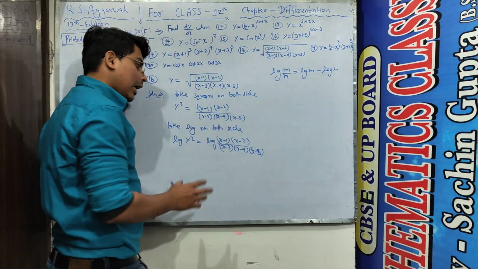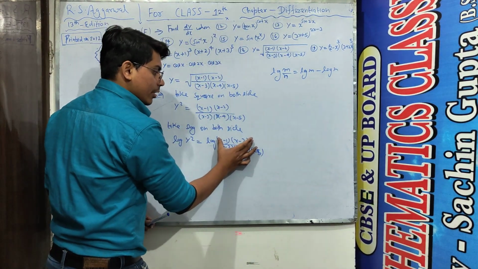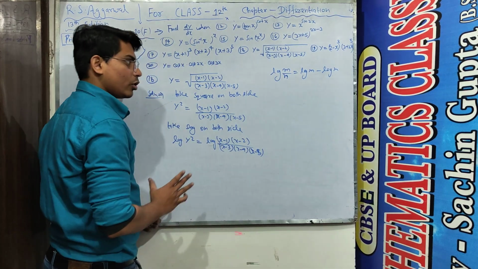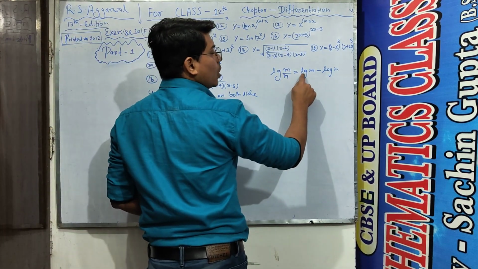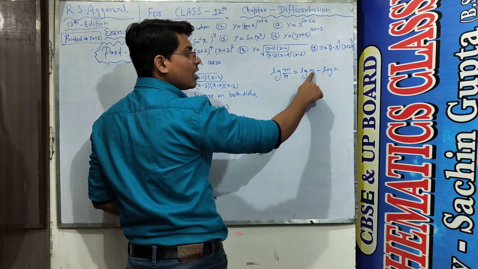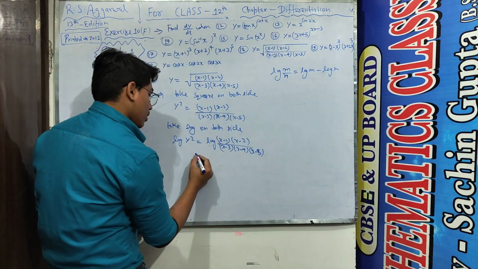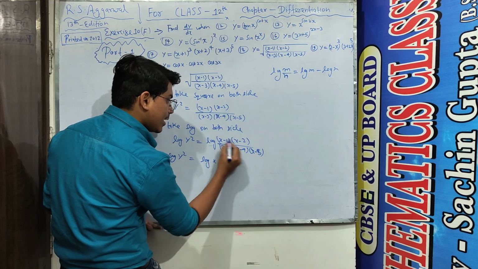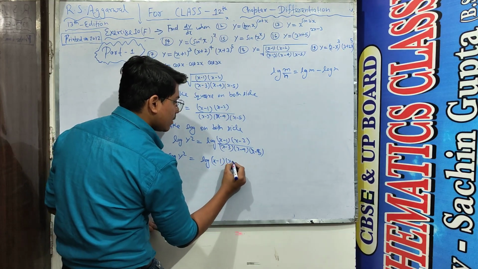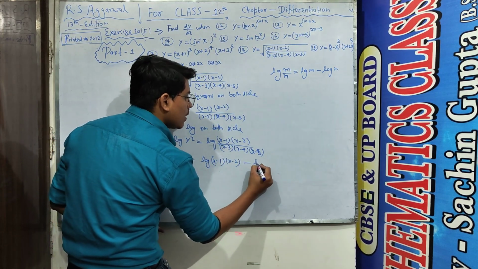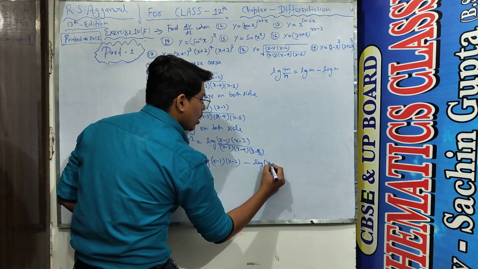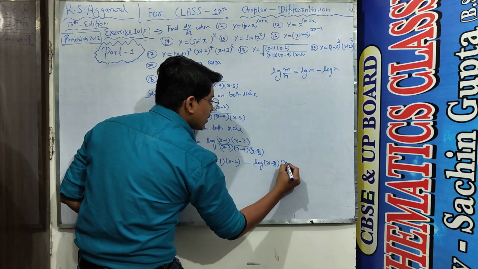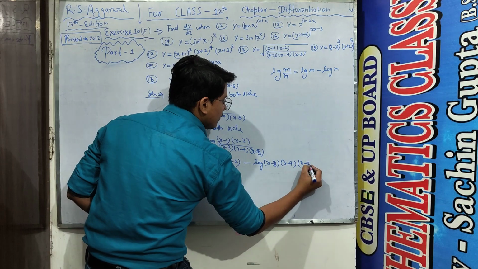Here, student, we also have a numerator and a denominator. So I write log of the numerator term minus log of the denominator term. Log of the numerator term is (x minus 1)(x minus 2), and minus log of the denominator term (x minus 3)(x minus 4)(x minus 5).